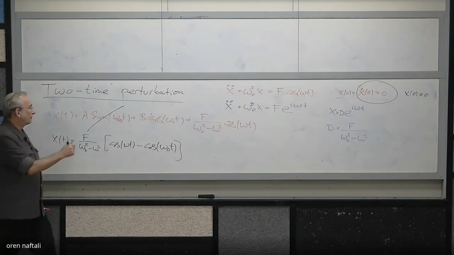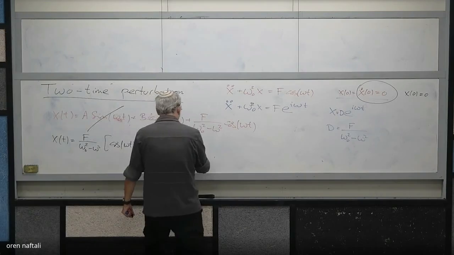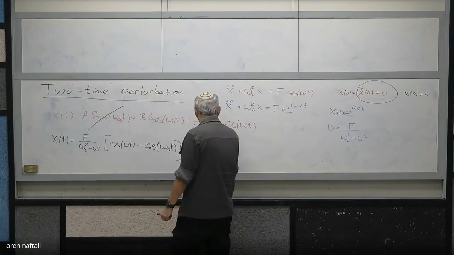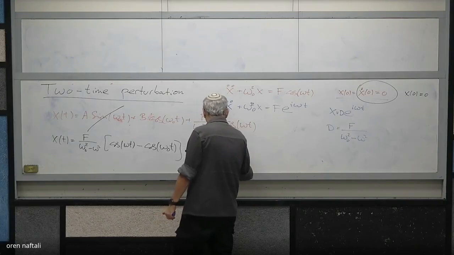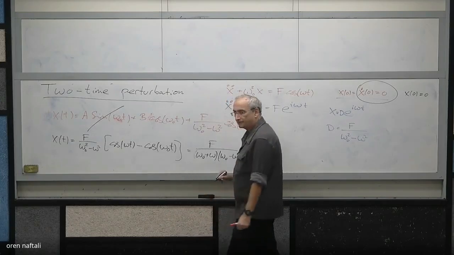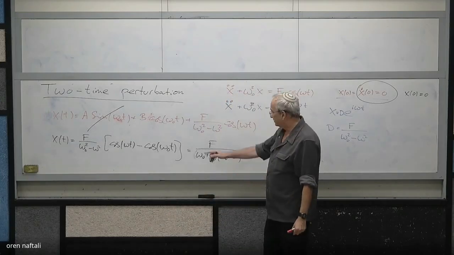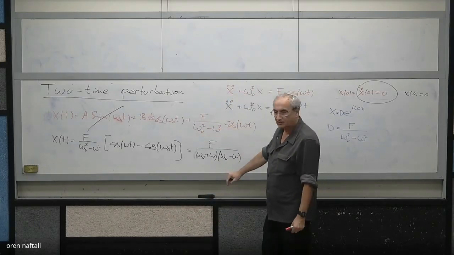For the moment, to analyze this, we can write the solution as f times omega naught plus omega times omega naught minus omega, over omega naught squared minus omega squared.